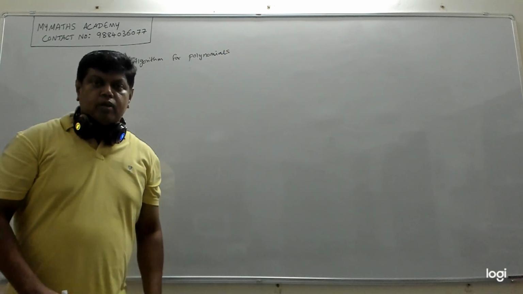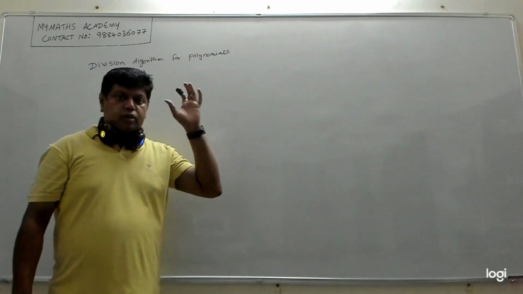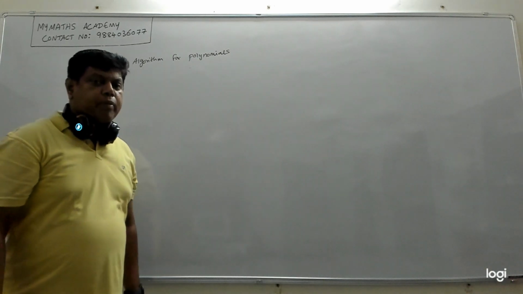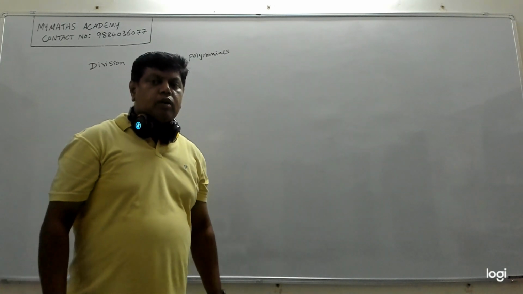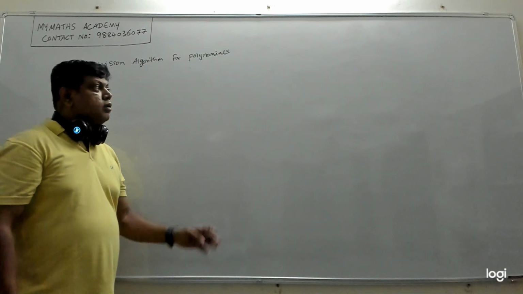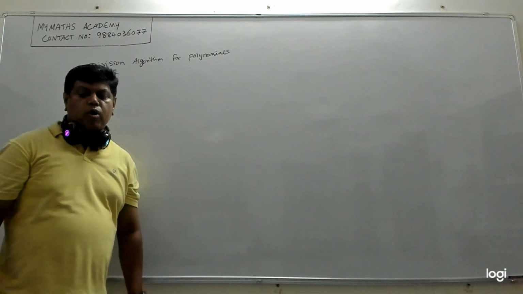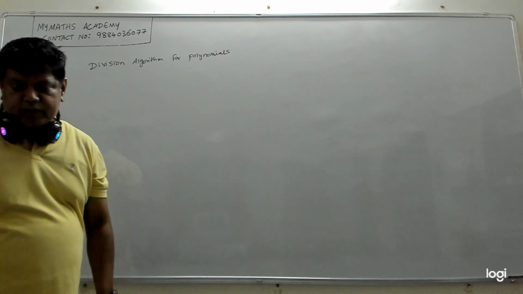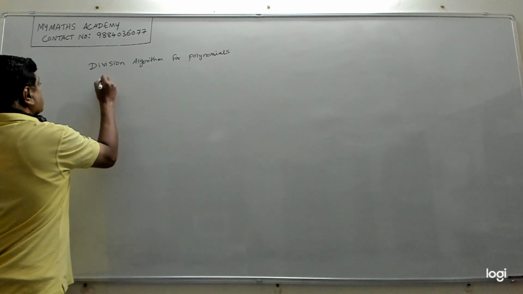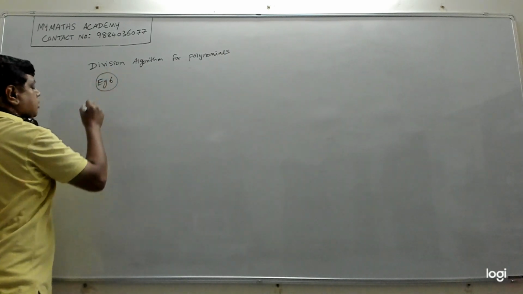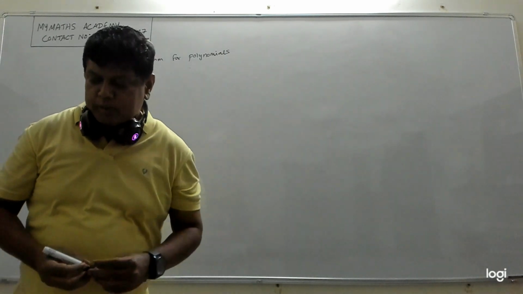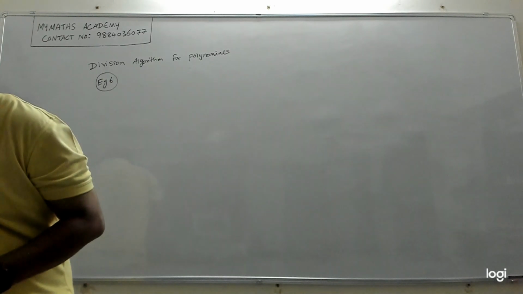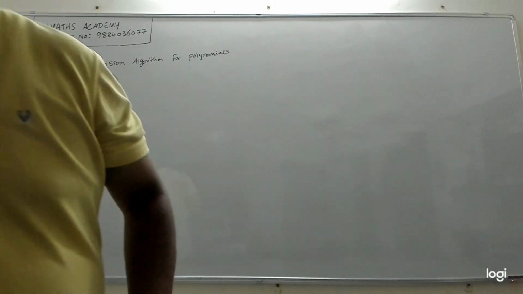Fine. So before we get on to the division algorithm for polynomials, we will do some division of polynomials. So let's see example 6. Example 6 is in the textbook, page number 33.